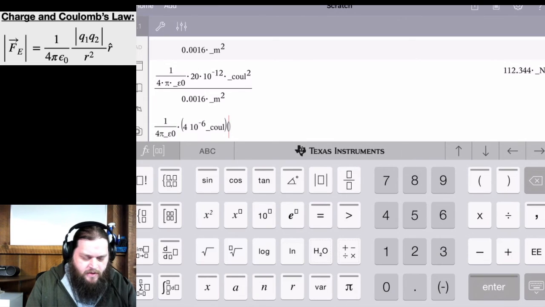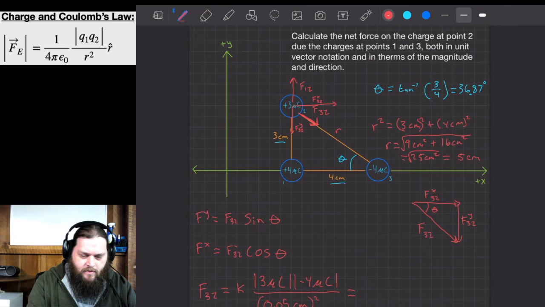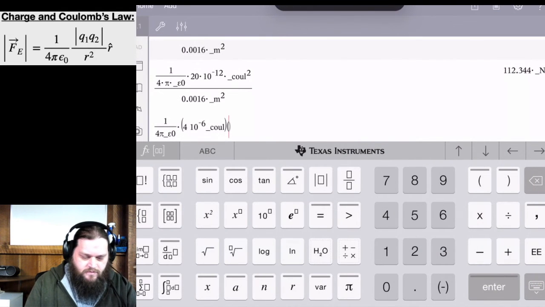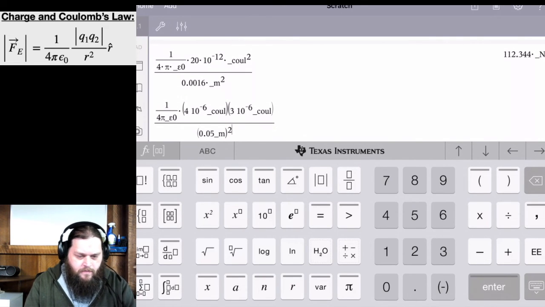And the other one was 3 times 10 to the negative 6 coulombs. Divided by 0.05 meters, and that was all squared.